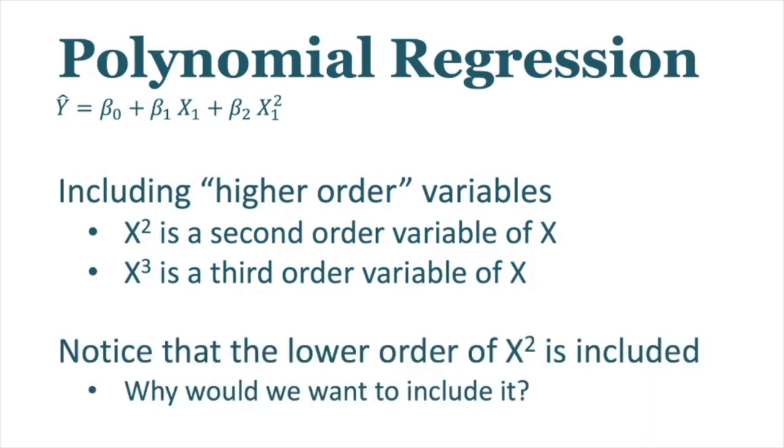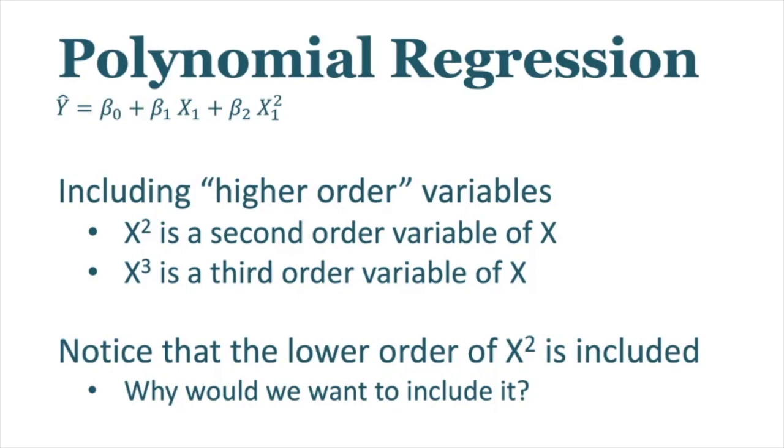So one thing that's interesting is if you notice that the lower order of x squared is included in that model at the top. Why would we want to include the lower order of x? So one of the reasons why is whenever we leave a variable out of a model, we are basically saying that its coefficient must be 0.